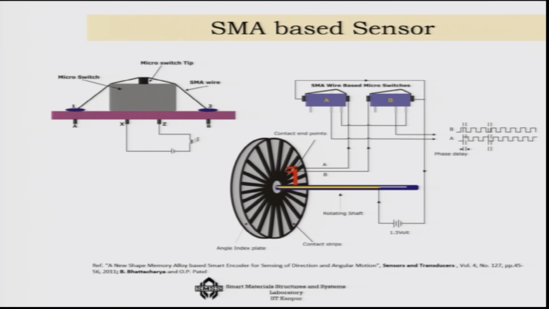One last use that I want to talk about: so far I have only talked about SMA based actuators, but now I want to show one last slide on an SMA based sensor.